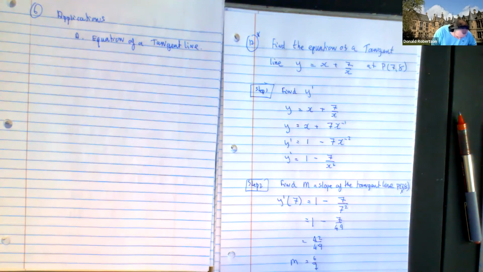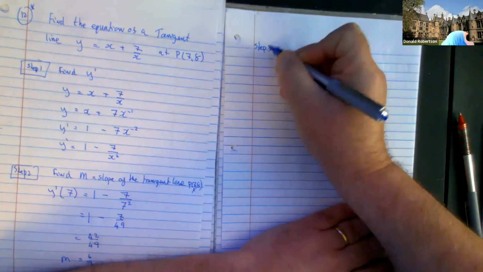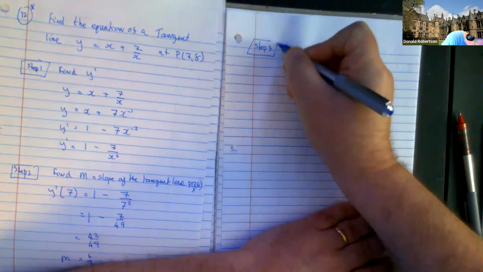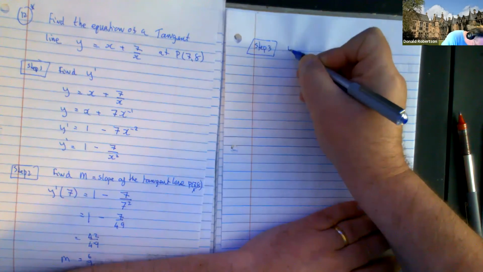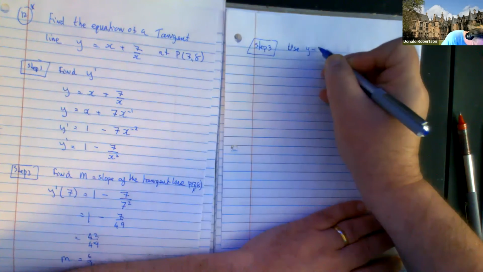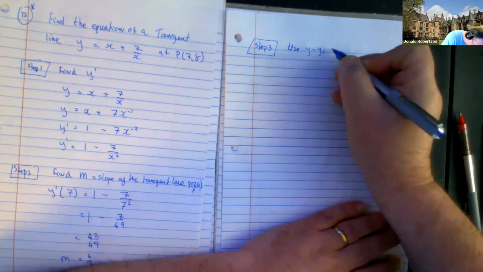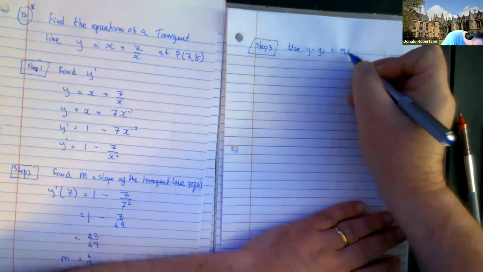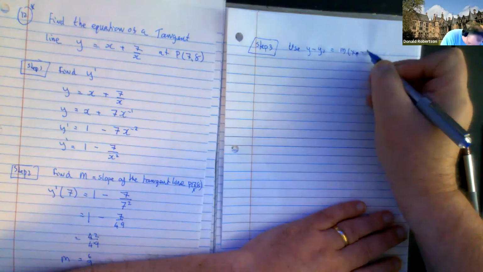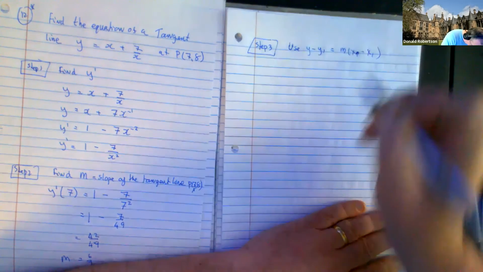So I now know the slope of the tangent line. Final step, step 3. Use the point slope equation, which is this guy, to get the equation of the tangent line.